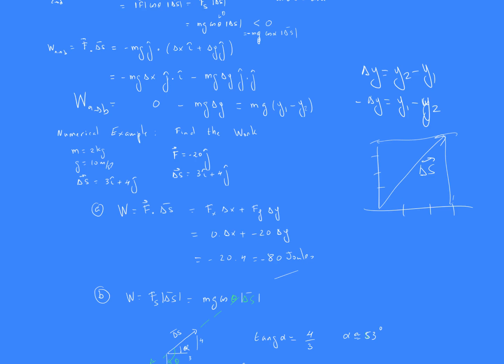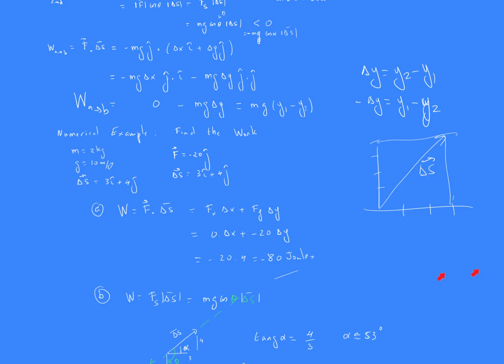So it will be minus 20, the Fy, times delta y. Delta y is 4, so the work is minus 80 joules. The work done by this force, that is the weight mg, minus 20j in the minus j direction, to displace the object in the direction 3i plus 4j, is negative, minus 80 joules.